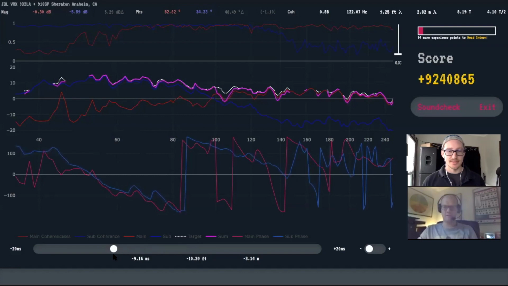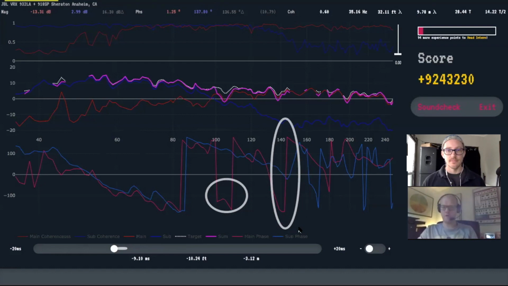But is this again one of those where the main speaker is the average of multiple measurements? Yes, because I did this one. And I know, okay, because normally, if this was a single microphone, I would expect coherence to do something weird over there, and over there.